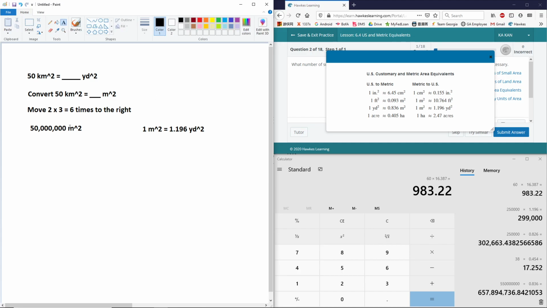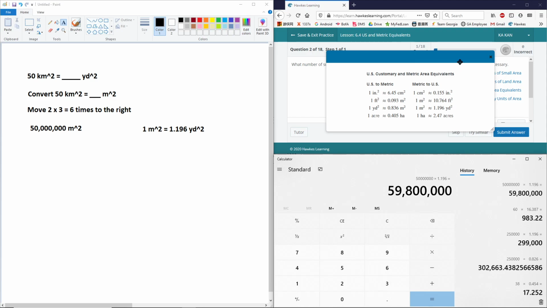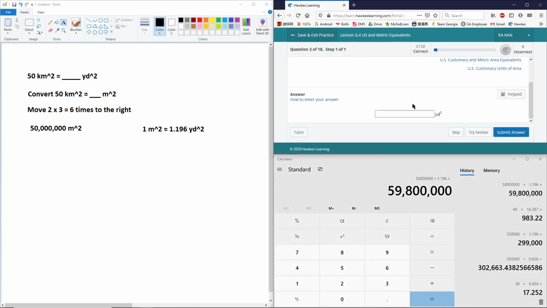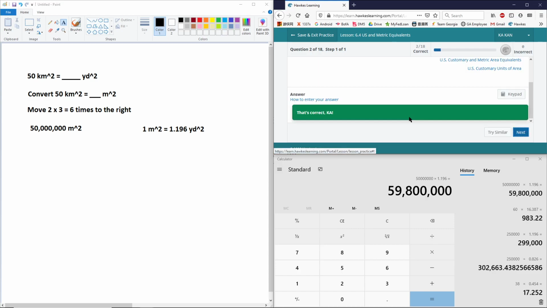If one of these is 1.196 and you've got 50 million of them, it's going to multiply. So you put in the calculator 50 million times 1.196, and I got 59,800,000. There you go.